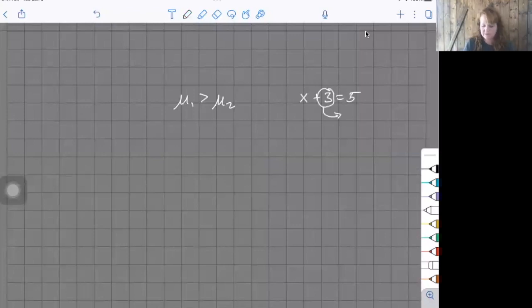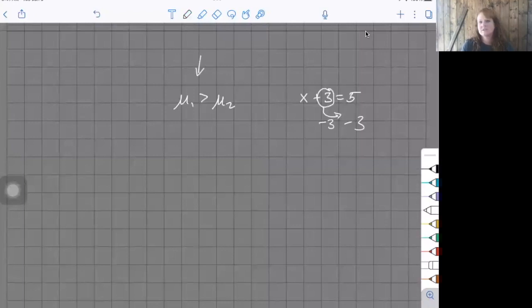So since that's a +3, I could subtract 3 from both sides, and that moves it across the equal sign. Well, this is an equation of sorts as well. We call it an inequality, but you can also move things across this.